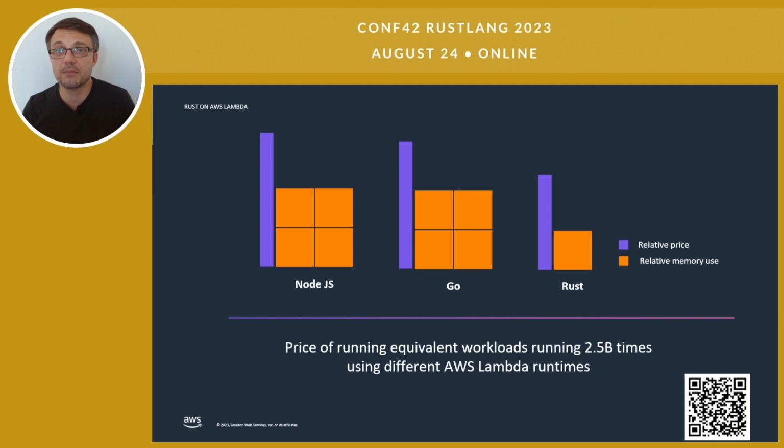And also they observed some cost gains, because again, those functions were called the majority of the time, and reducing the cost was also a great benefit. But they happily stay with Node.js on all other functions, and they still haven't rewritten the whole application in Rust.